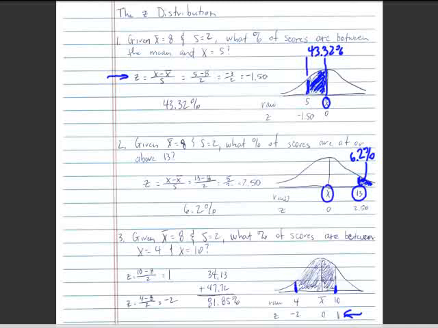Then I go to my table, and what I find is that 34.13% of the scores are here, 47.72% are there, and the question asks what percent of the scores are between them. Mathematically, what I need to do to find that is add those up. And so what I find is that 81.85% of the scores are between x equals 4 and x equals 10.